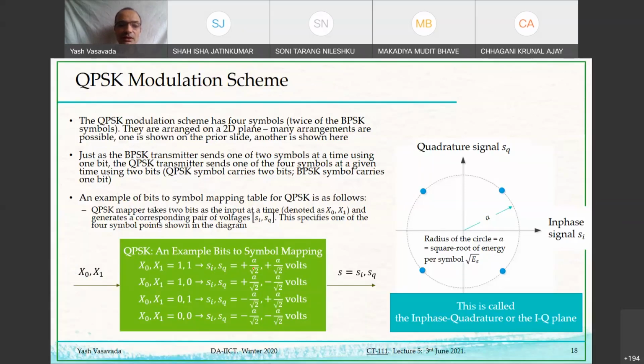So which symbol are we transmitting when it is 1, 1? First quadrant, correct. So with 1, 1, we are transmitting this particular symbol.